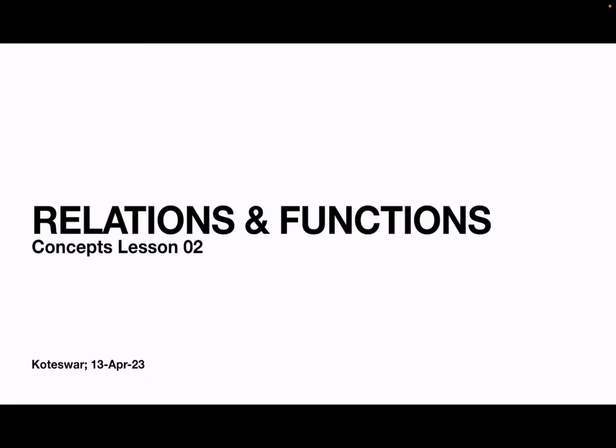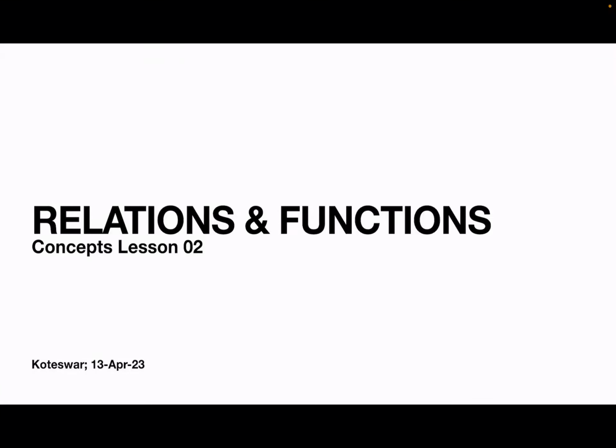And the set of all possible ordered pairs from set A to set B is a Cartesian product. And then we may not be interested in all those elements. बहुत सारे हो सकते हैं ना. Cartesian product अगर ले लिया A to B, बहुत सारे elements हो सकते हैं. For example, अगर set A में 10 elements हैं, set B में 10 elements हैं, 100 elements होते हैं. So with only a few elements you have so many elements. We may not be interested in all those.